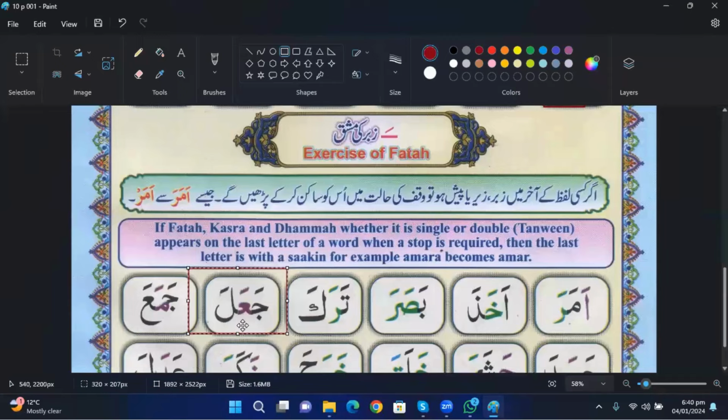Next chapter, 12 or page 12. Again, open it on Paint. Bismillahirrahmanirrahim. Here you can select the color, you can select any shape, and then sa double fatha san, sa double kasra sin, sa double dhamma sun.